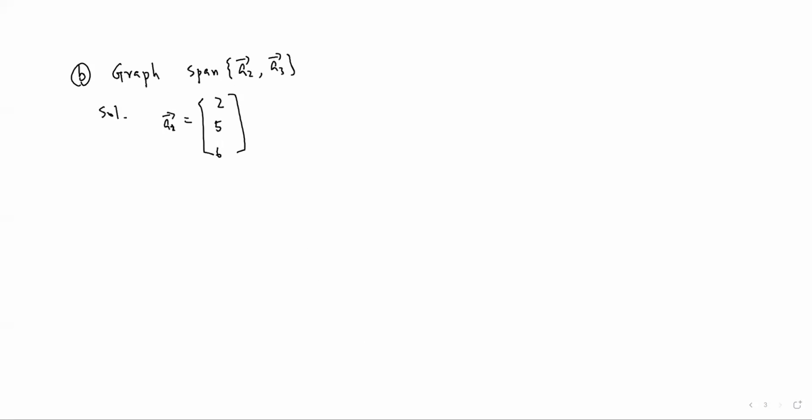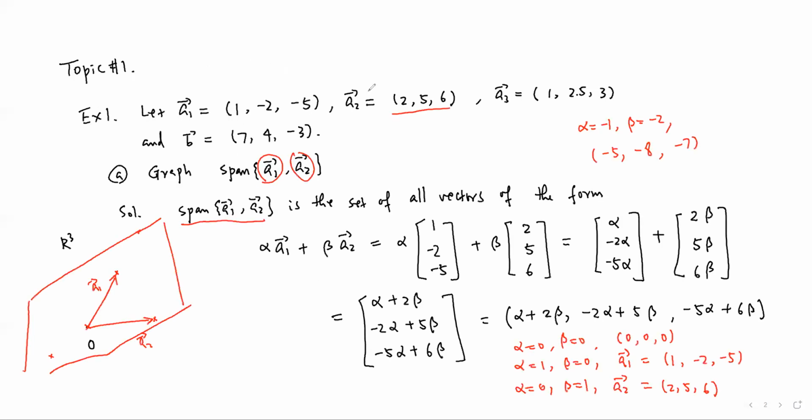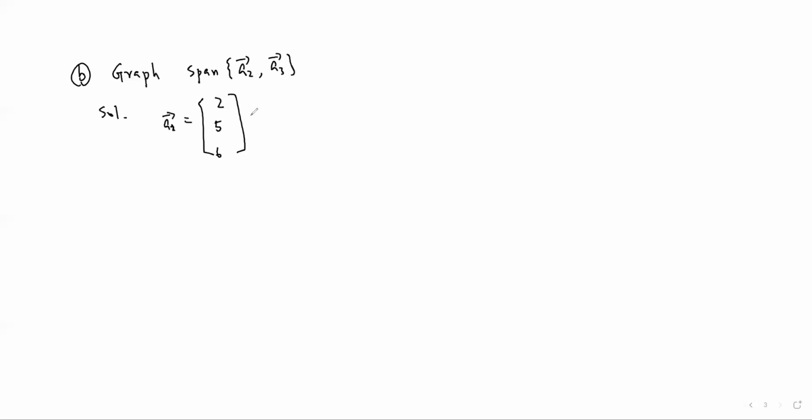A2 is 2, 5, 6. A3 is 1, 2.5, and 3. It is easy to see that A2, this vector, is 2 times A3.